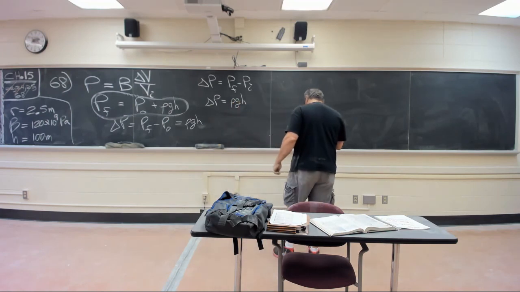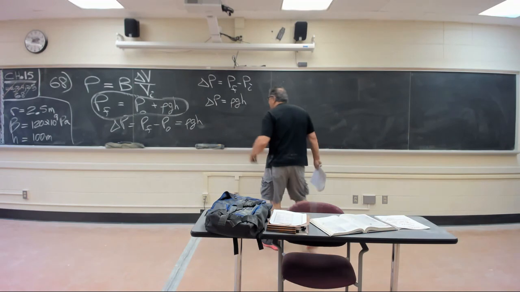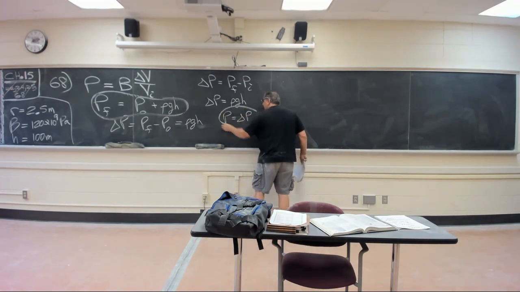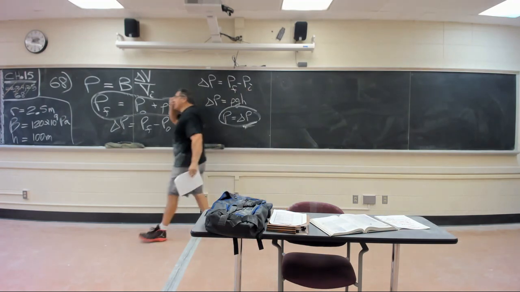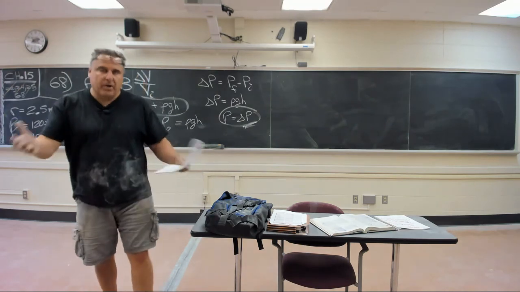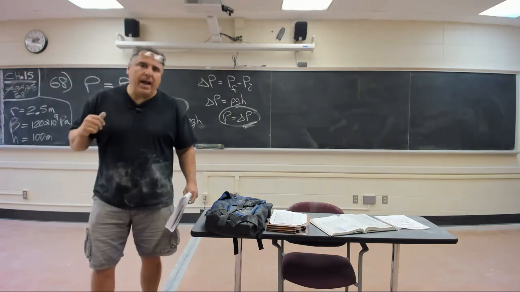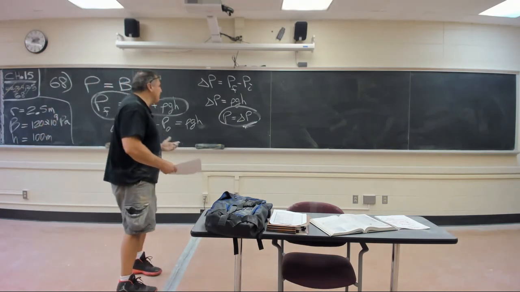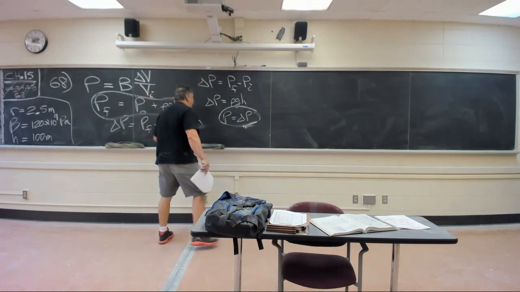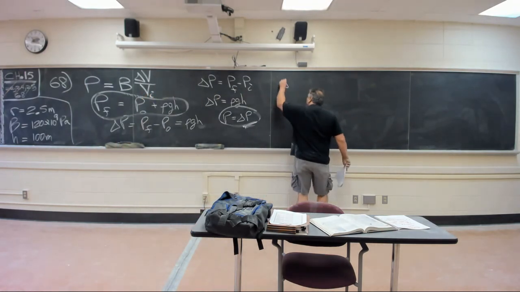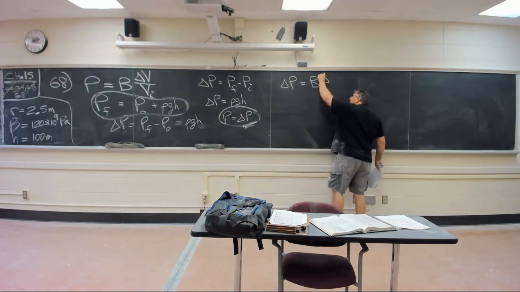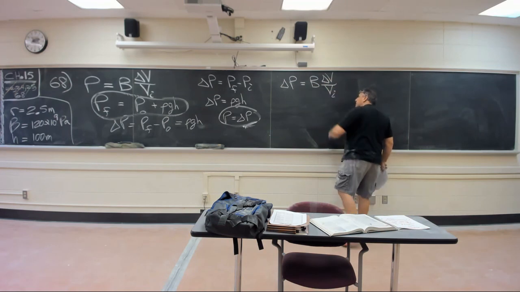That's the change in pressure. You can treat P as delta P. The only way this works, guys, is if you really have a delta P there. This gets a little touchy with the symbolism here. P and delta P are the same thing. P equals delta P. If that's the case, stay with that, and then delta P is B delta V over V initial.